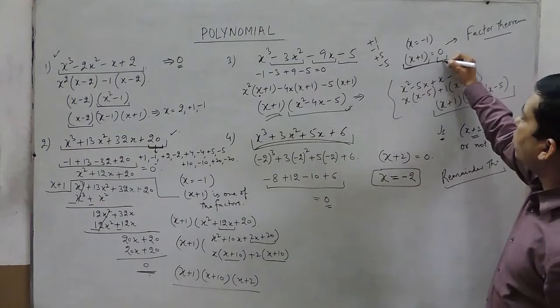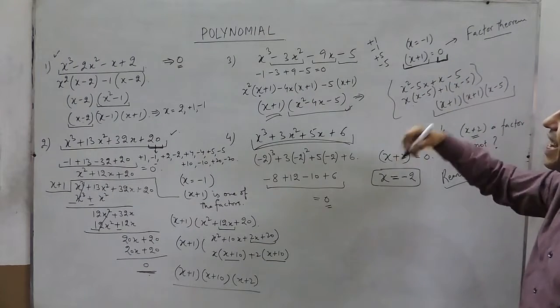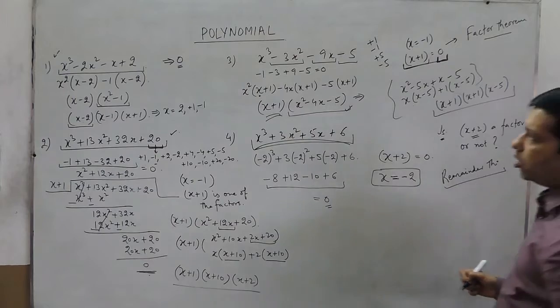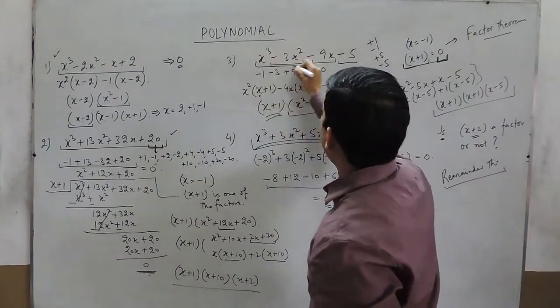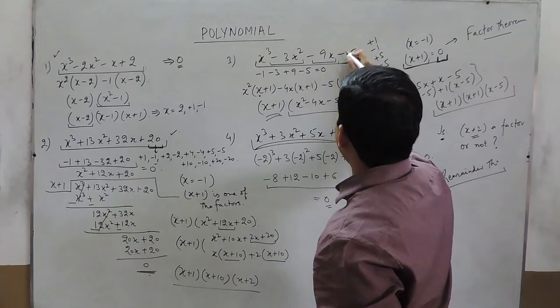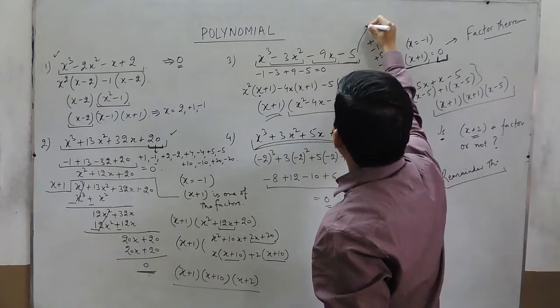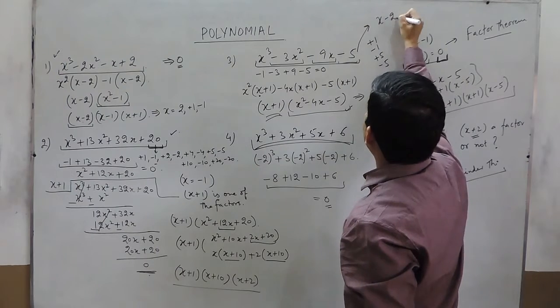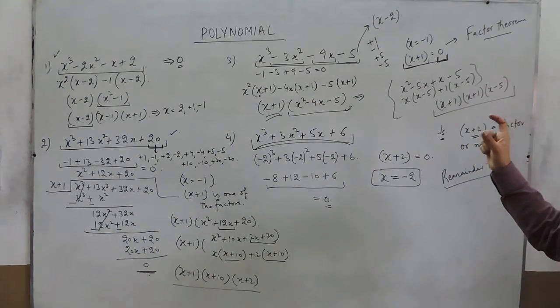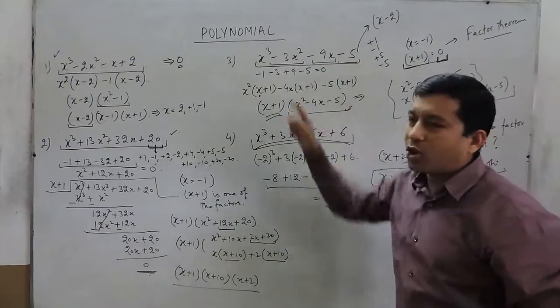But instead of 0, if it comes out to be anything else, then that is the remainder of that particular polynomial. Suppose this is the question, x cube minus 3x square minus 9x plus 5, and I am dividing this by x minus 2. That means we put the value of x as 2 in this polynomial.